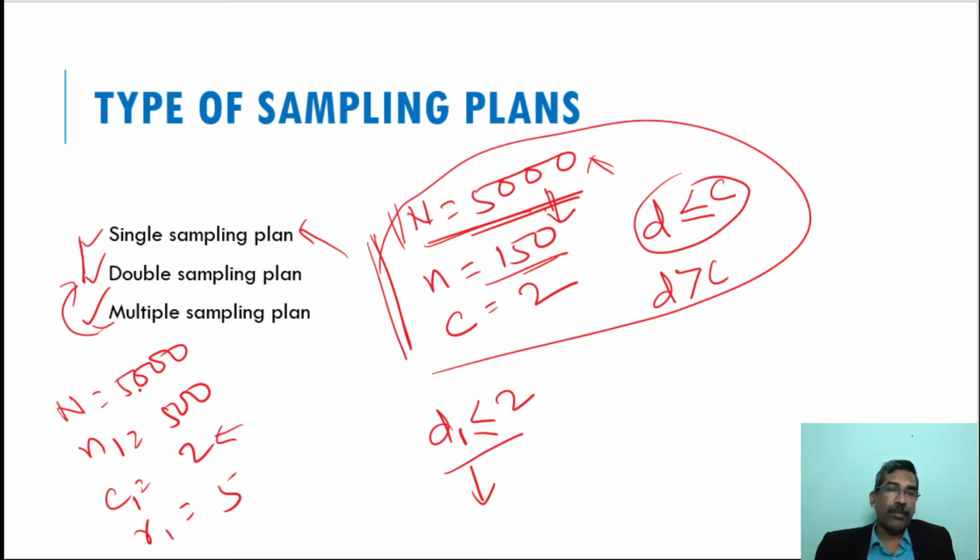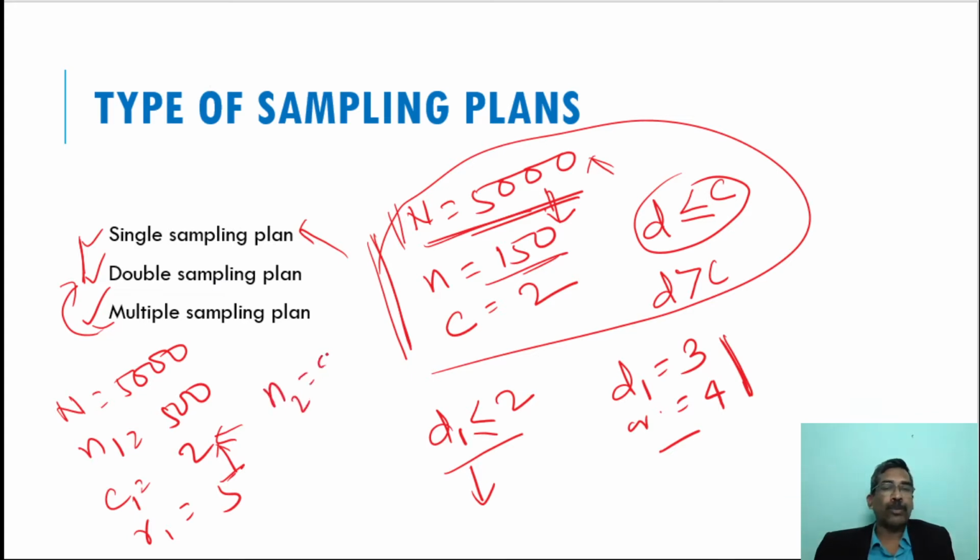But if the number of defectives is in between 2 and 5, where 5 is the rejection number, that means if D1 is equal to 3 or 4, then in that situation we have to consider the second sample. Second sample means N2.